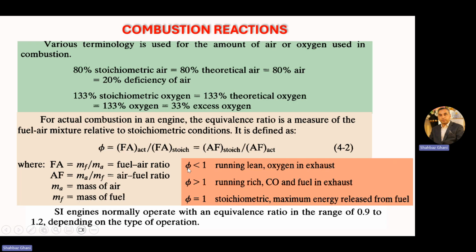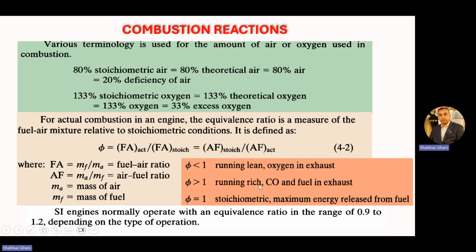When phi, the equivalence ratio, is less than 1, it means your mixture is lean, with oxygen in the exhaust. We have excess oxygen, and in the end product we will have oxygen as an excess amount. When phi is greater than 1, it means a rich mixture, and we have less oxygen.